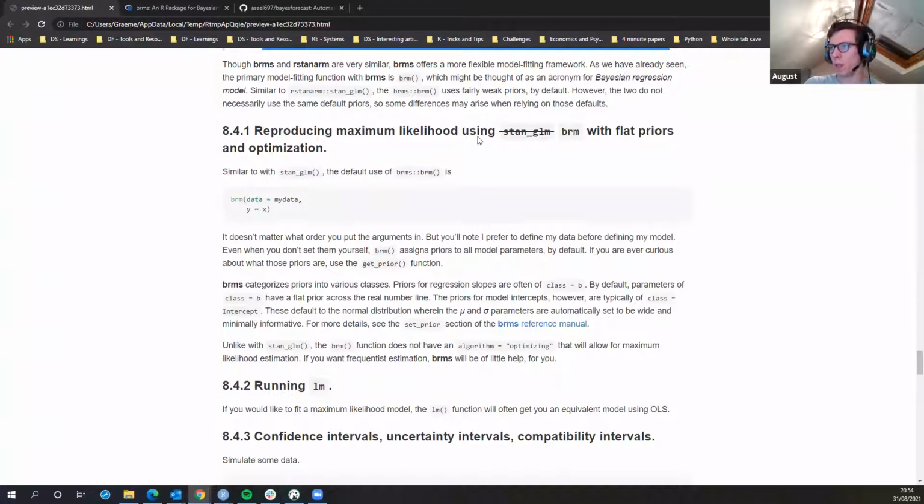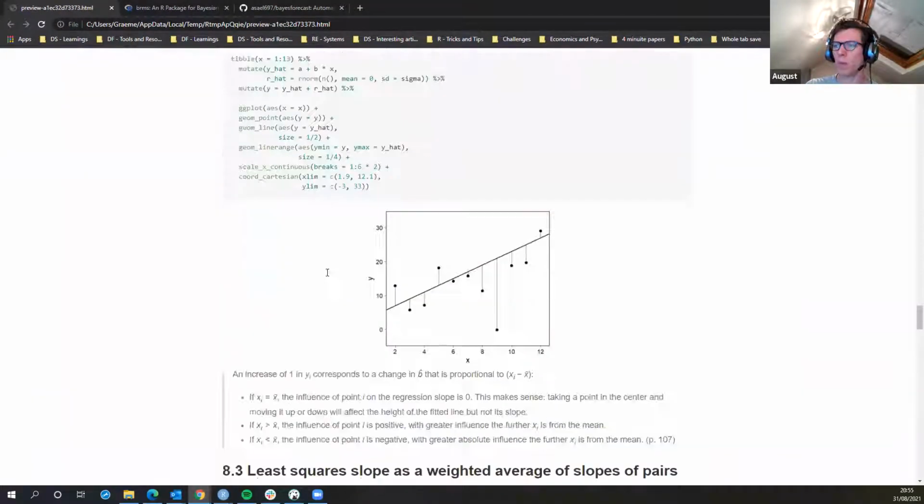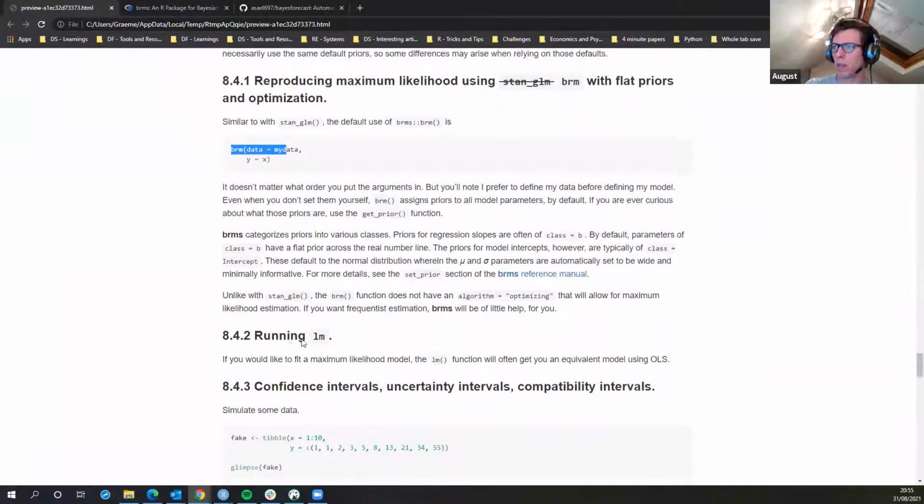So, reproducing the maximum likelihood using BRM with flat priors and optimization, similar to standard. So following the data. Can you not pipe this in? I'd have thought it would work with what's it called, a magrittr pipe.